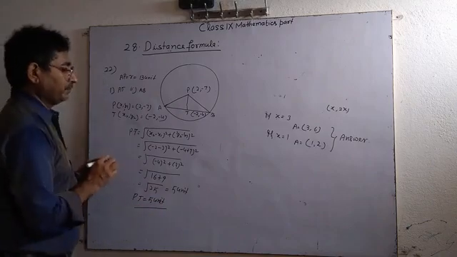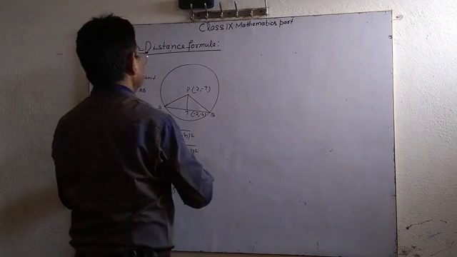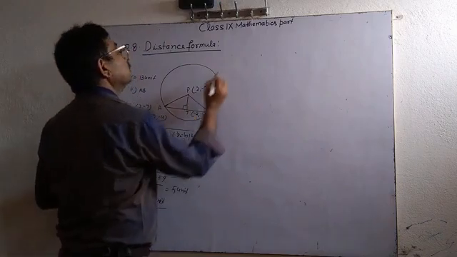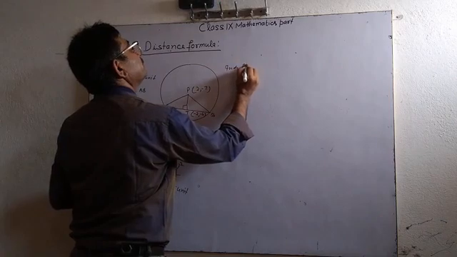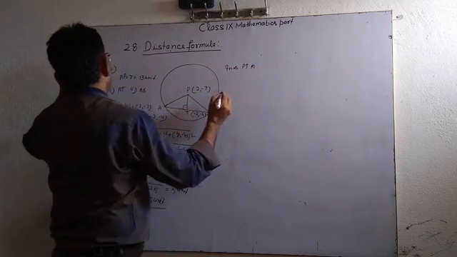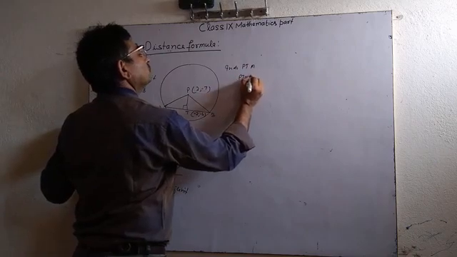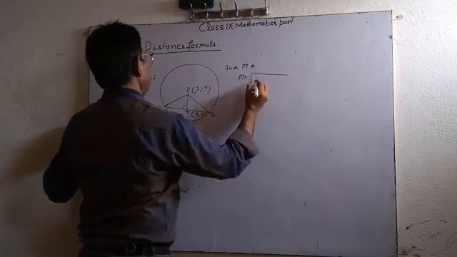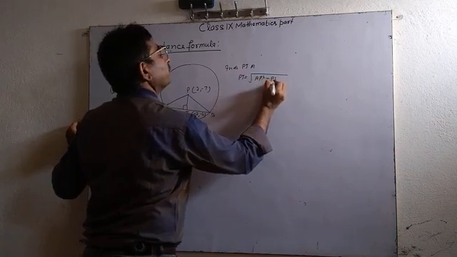Now in right angle triangle PTA, by Pythagoras theorem, AT equals root of AP square minus PT square.